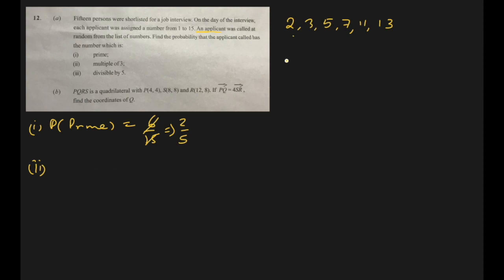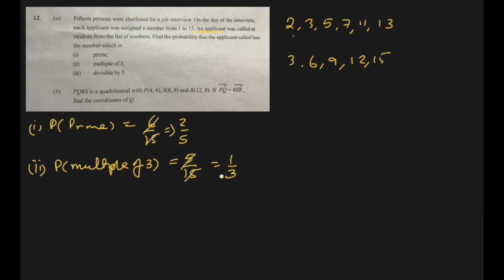Multiple of 3. So multiples of 3: 3, 6, 9, 12, 15. So the probability of a multiple of 3 is 5 out of 15, which can be cancelled to 1 over 3.